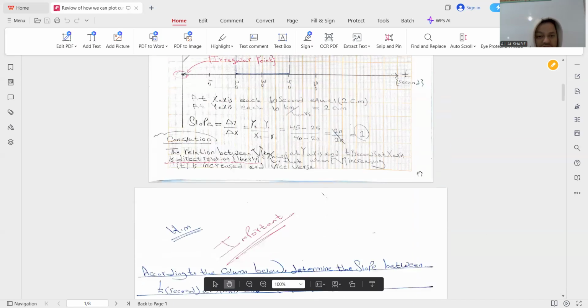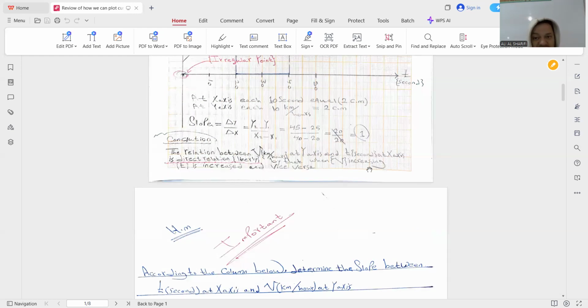Here, the conclusion is important, using simple and few words to make me know you have an idea, you have a vision of this curve, you know what you are doing. The relation between v, velocity on the y-axis, and t on the x-axis is a direct linear relation. By that, when one increases, the other will increase too.